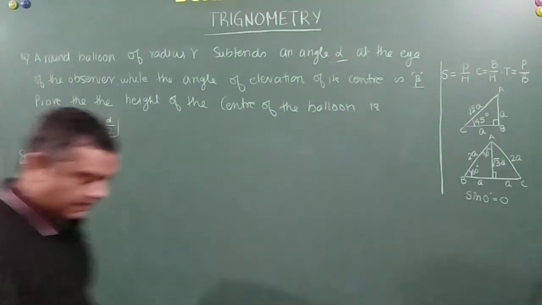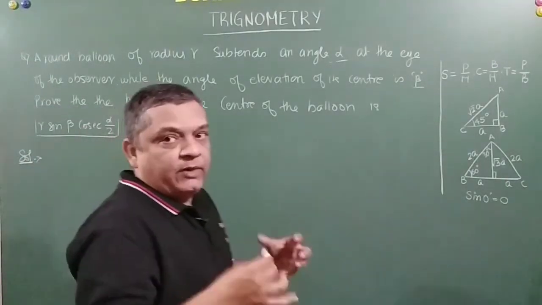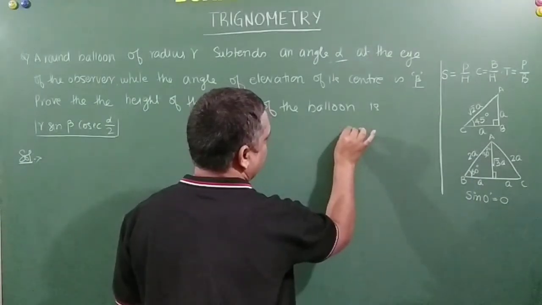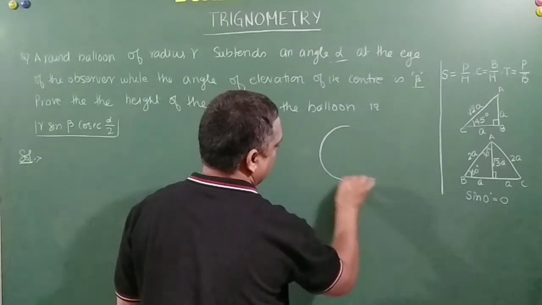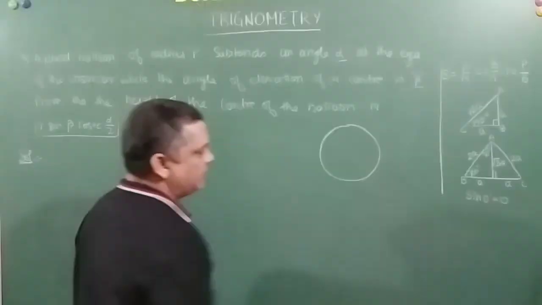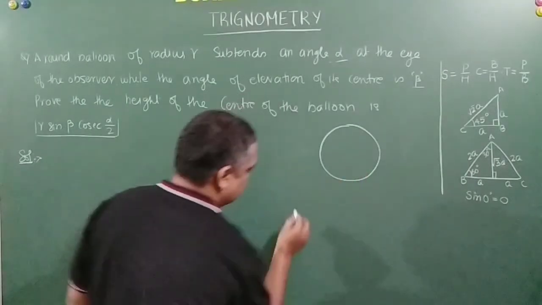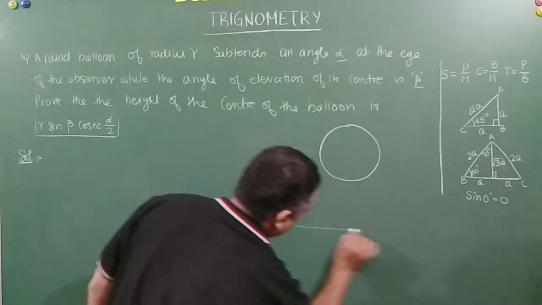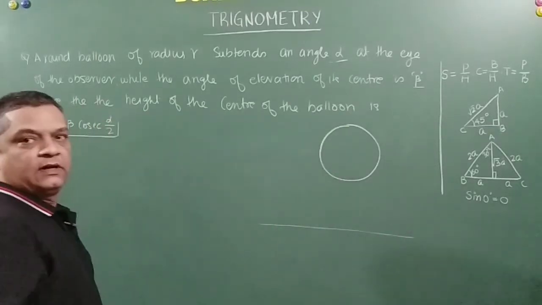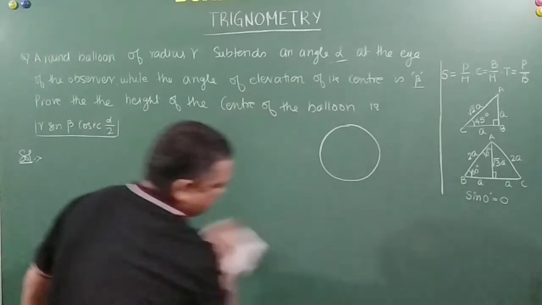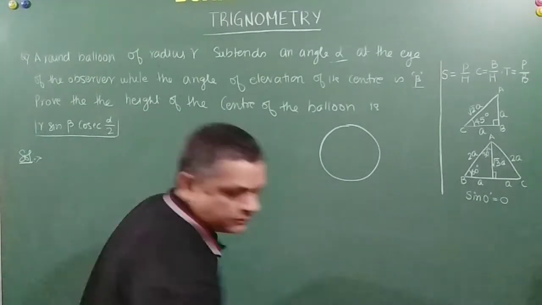First of all, let's try to understand a bit and then draw the diagram first. Let's say I'll make a balloon here. So this is a balloon. Now let us say this is the ground level. Let me try to make it straight.